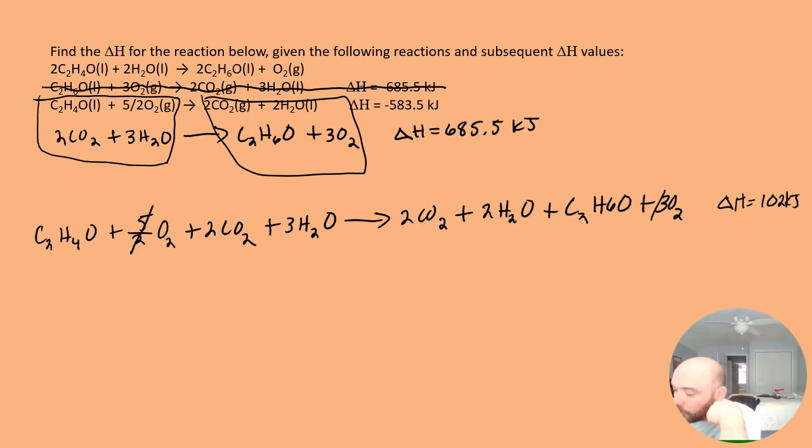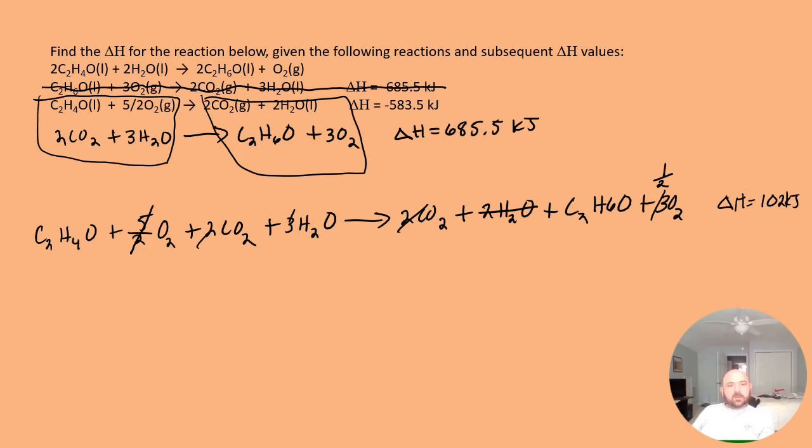So we're left with 1/2 of oxygen over here. 5 halves canceled out of 6 halves is 1/2. 2CO2 cancels with 2CO2, and the 2 waters will cancel out 2 of that water, so we'll be left with 1 water over there.